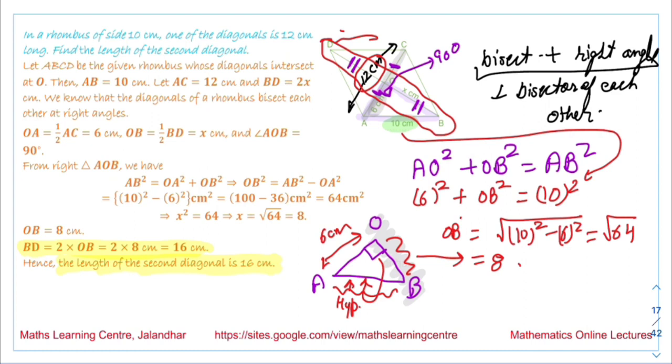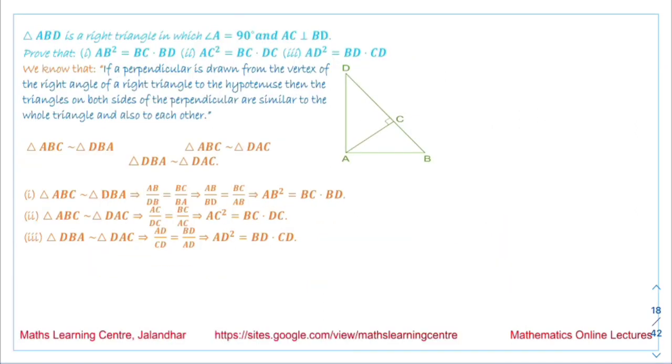Now next is triangle ABD. It is a right angled triangle in which angle A is 90 degrees. We are saying this angle A over here is 90 degree. And AC, which we have drawn, is perpendicular to the hypotenuse BD.